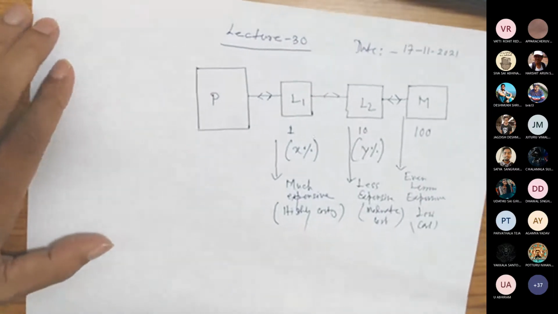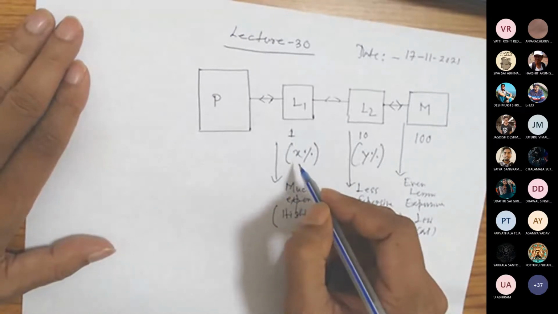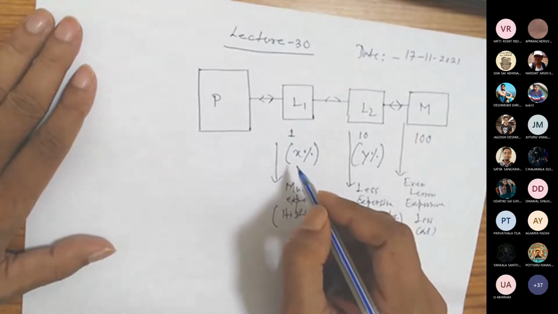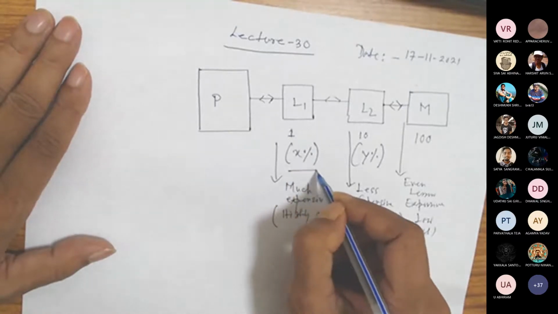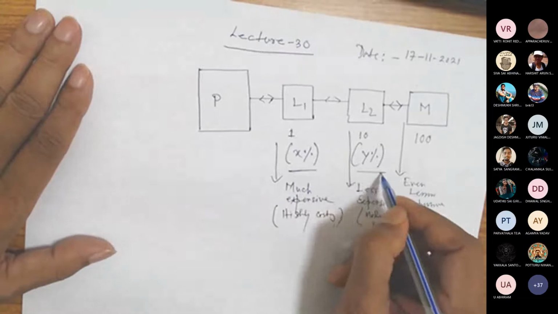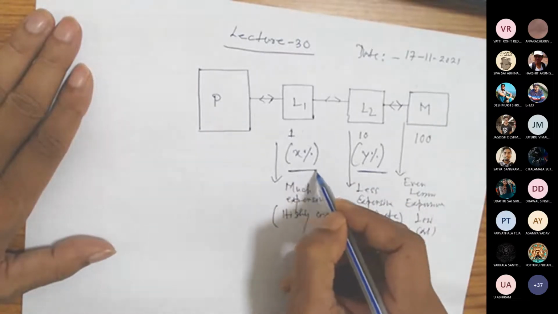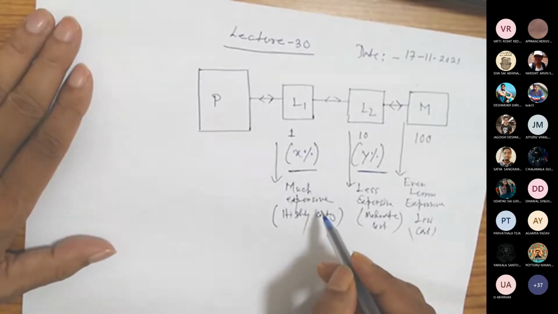Now, the factors which affect the average access time are mainly due to these numbers. These numbers are directly proportional to the size.